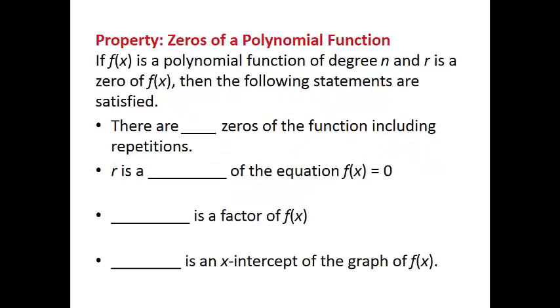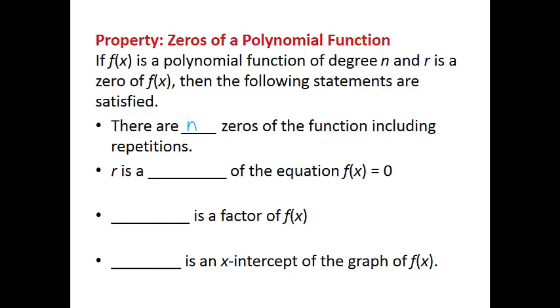An important property related to polynomial functions relates to the zeros of that function. If a polynomial function has degree n and r is a zero of the function, then the following statements are satisfied. There are n zeros of the function, including repetitions, and we've seen that before.